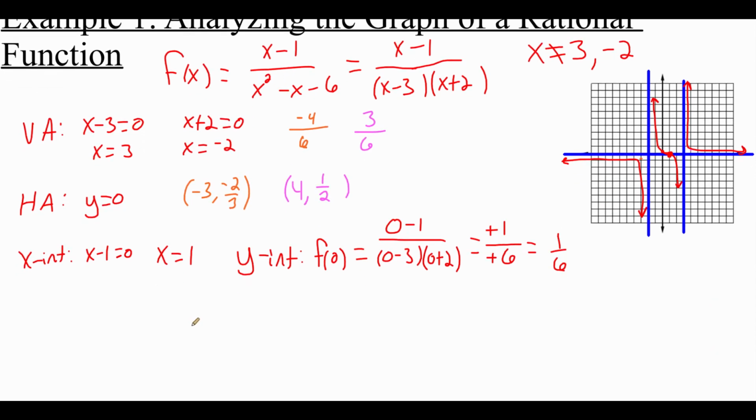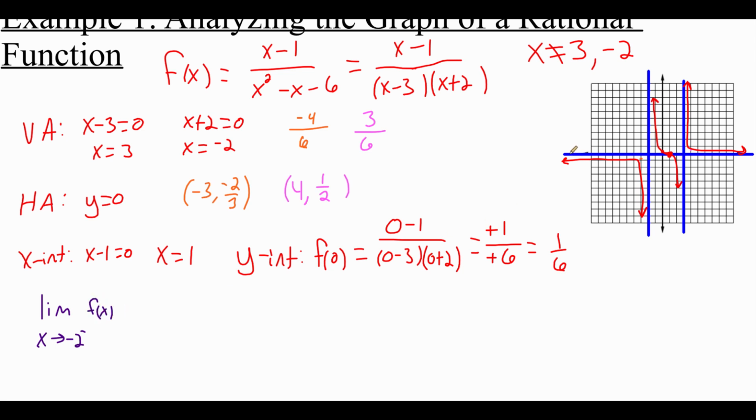Now I do want to use some limit notation to describe some of the behaviors of our graph. And the first thing I want to look at is the behavior as we are approaching our vertical asymptotes. So remember, we've got one vertical asymptote at negative 2. So I want to write out a limit as our x values approach negative 2 from the left-hand side, and I want to see what my function is doing.